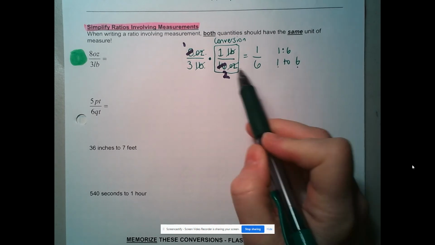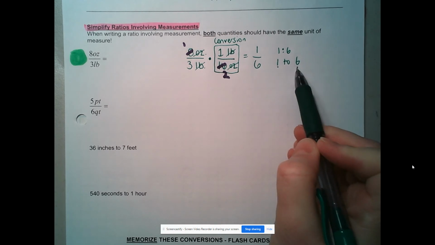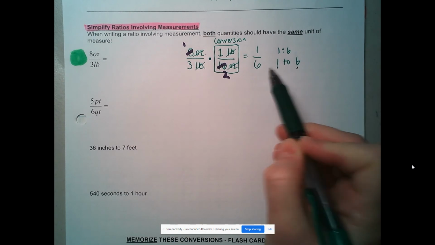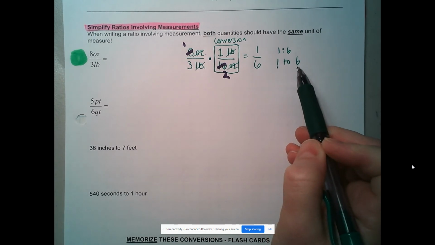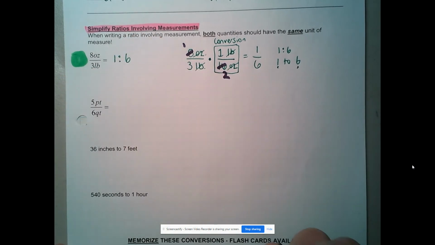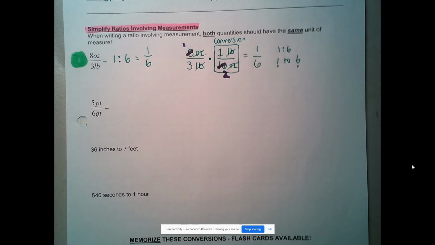And that way I don't need to worry about the units being the same. So it could be 1 pound of butter to 6 pounds of flour. It could be 1 ounce of butter to 6 ounces of flour. This is a ratio that works outside of measurements. So this is a 1 to 6 ratio, or you can say it's a 1 to 6 ratio as a fraction. All right, so let's try another one.